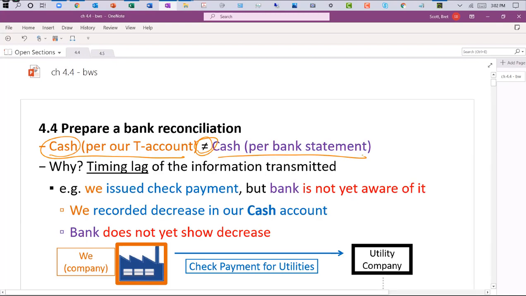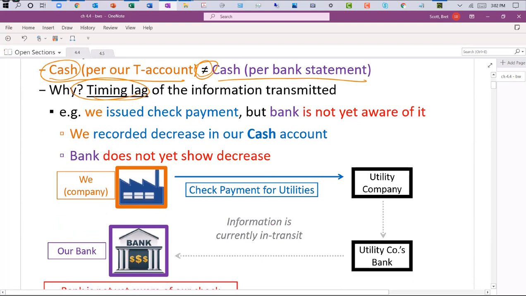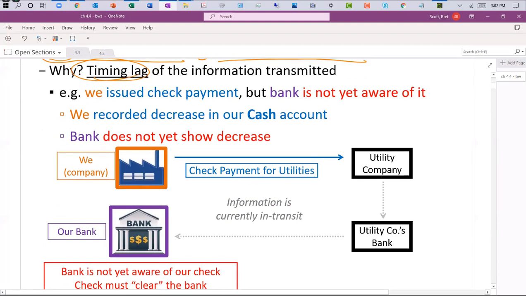Usually the reason why you see a difference is because of some type of timing lag of when information is exchanged. So as an example, assume that we cut a check, we issue a check, we write a check, we put it in the mailbox, and we send it off to our utility company. The bank is not aware the moment we write a check when we've actually submitted that check, when that check's actually been received.